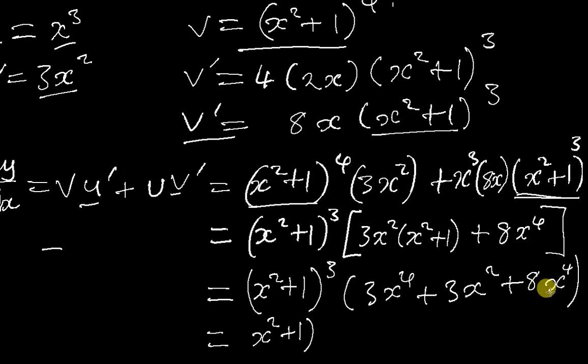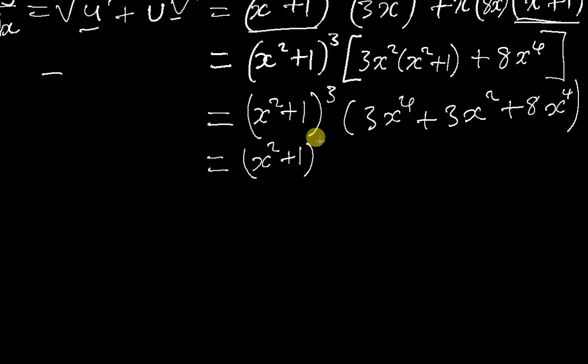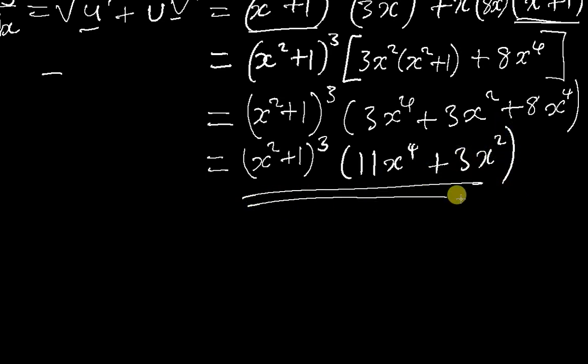When we add them, we're going to get 11x to the power 4. So we write that 3x to the power 4 plus 8x to the power 4, we get 11x to the power 4. Then we have plus 3x squared. So you have simplified your function. So this is going to be our y prime. This is the final answer.